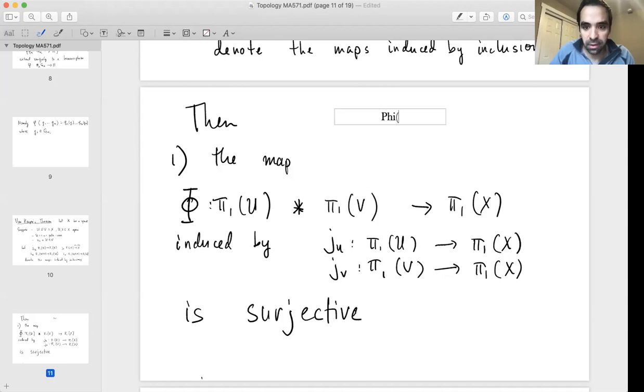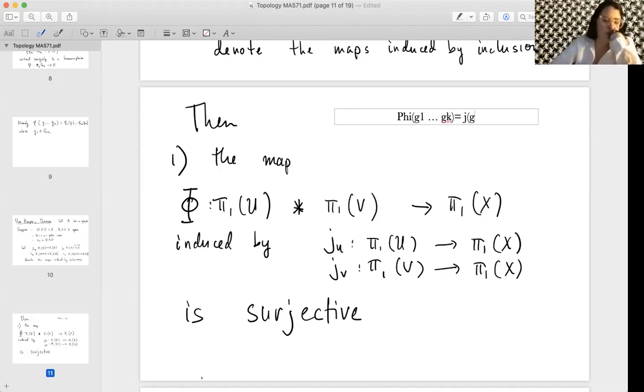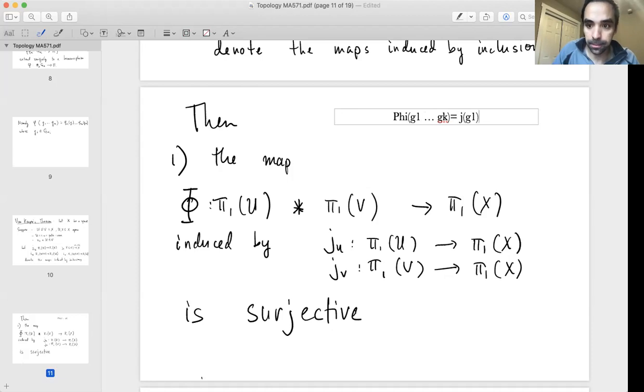So if you take phi of, I don't know, g_1 through g_k, it's a product of things. How do I apply this? Well, I have to look at whether g_i lives in U or V, and depending on where it lives, I use the corresponding j.